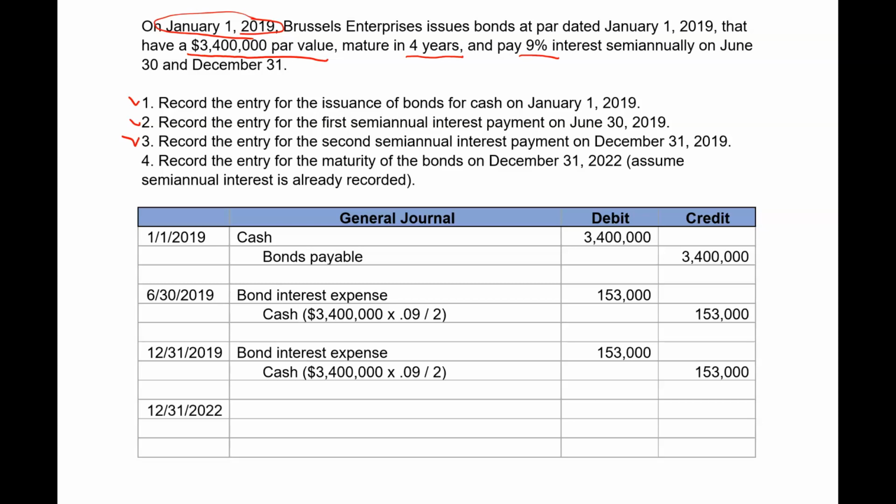So you do this for 3 more years, and then at December 31st, 2022 is when the bond matures, and you're going to take it off the books because you're cutting them a check and giving them their money back, and then you credit cash, the $3.4 million.